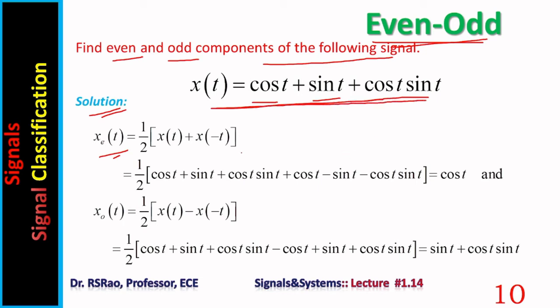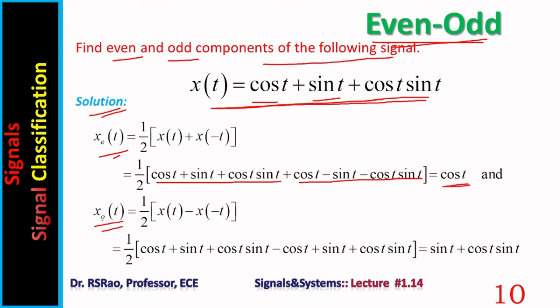For x of minus t, in place of t we substitute minus t. The first three terms are x of t, the second three terms are x of minus t. After cancellation, we are left with only one term, that is cos t. This is the even part. Similarly, the odd part can be calculated.